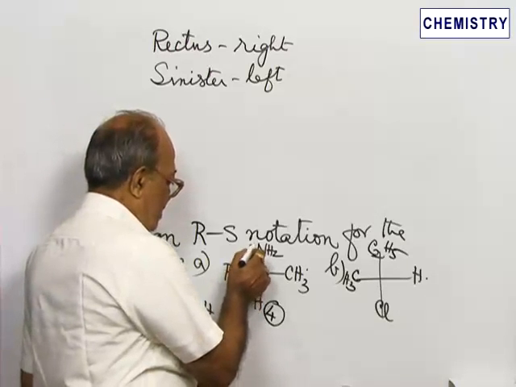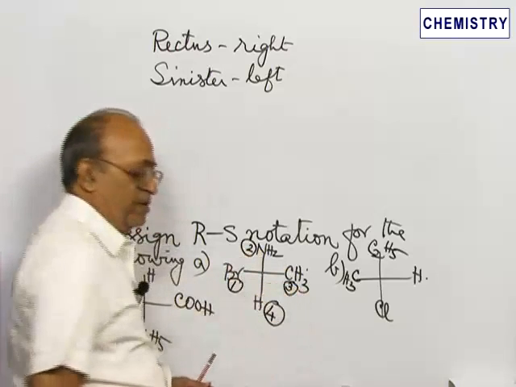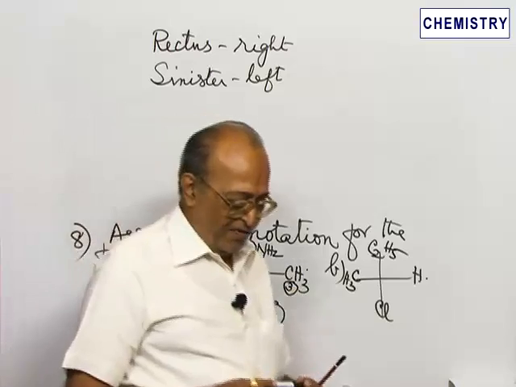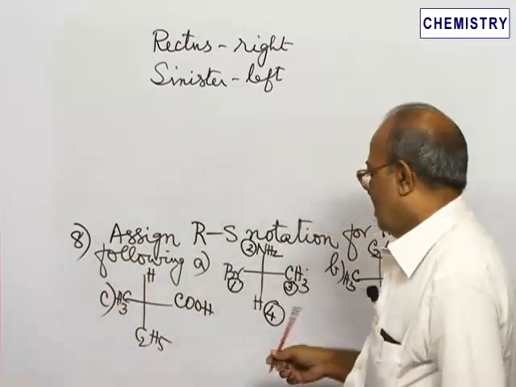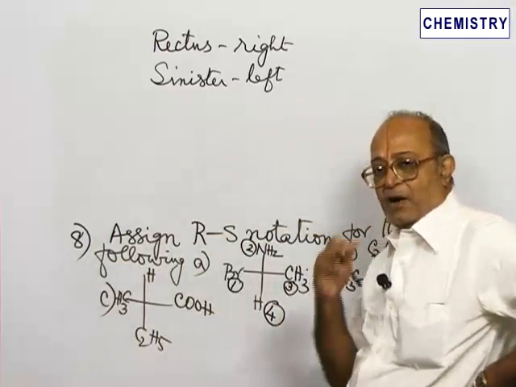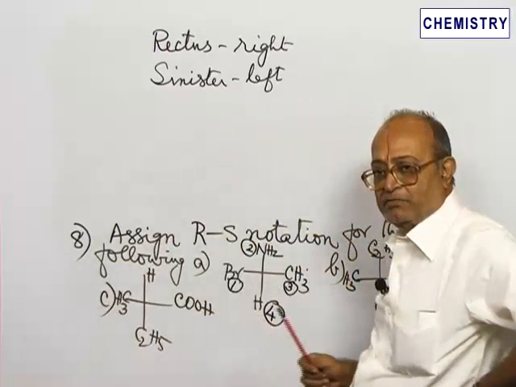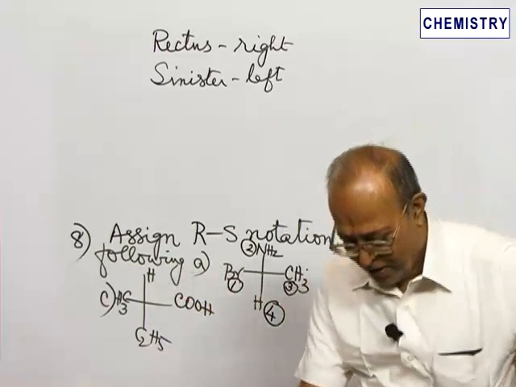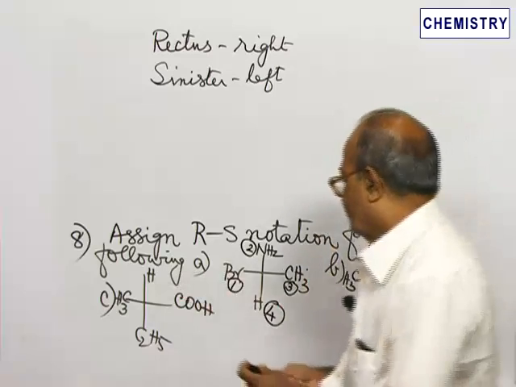Second, nitrogen. Third, carbon. So fix the lowest priority for hydrogen, and always it is better to bring hydrogen to the bottom, which I will explain further in other two cases. Now consider this.